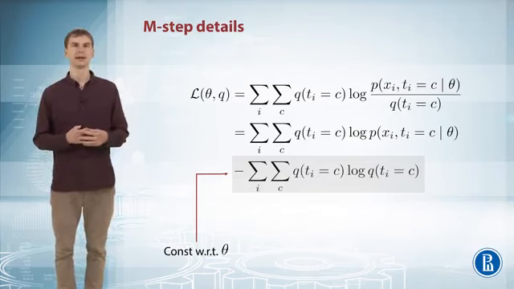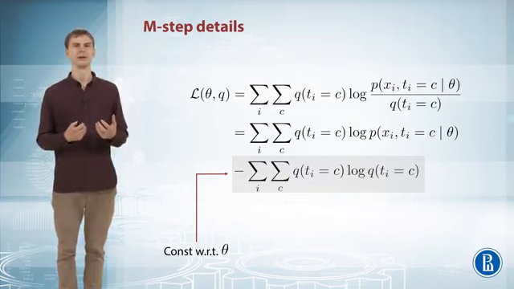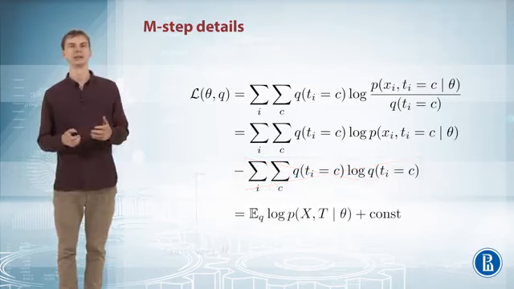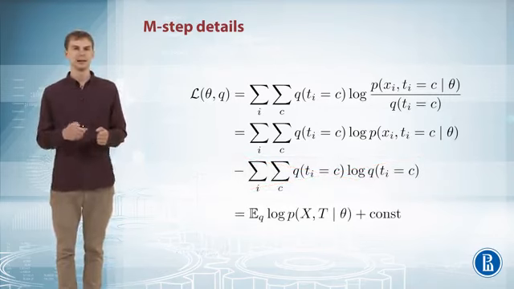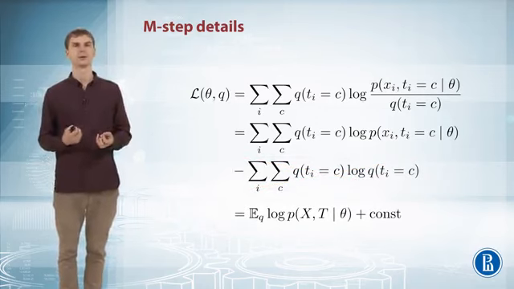Which means that when we're concerned about maximizing this value with respect to theta, we can throw this term away and nothing will change. So we can just ignore this and it will not change our M step, which means that we can maximize the first term instead of the full lower bound.